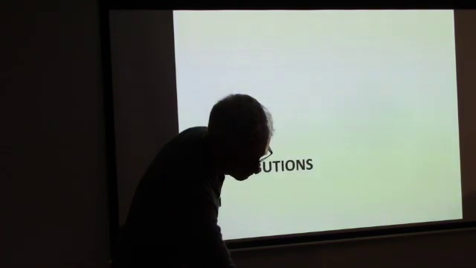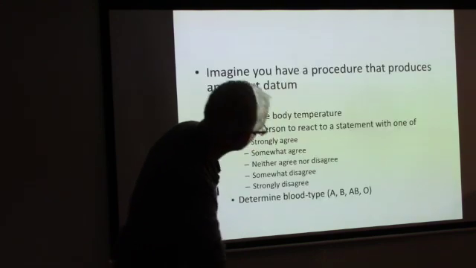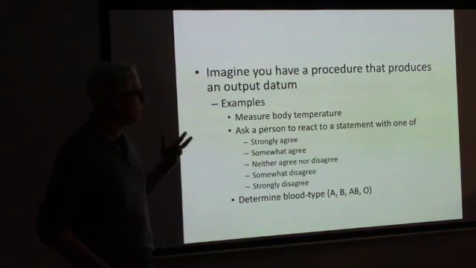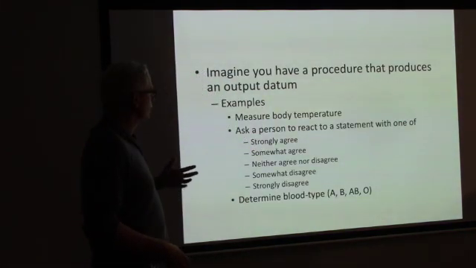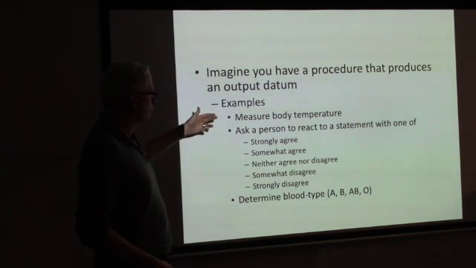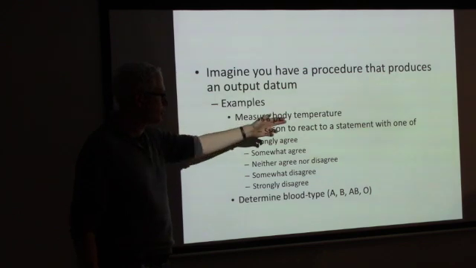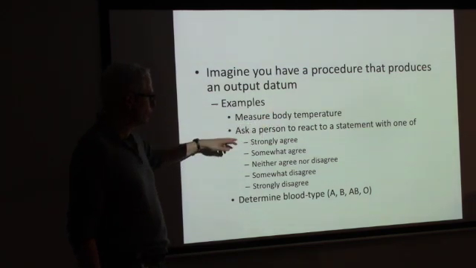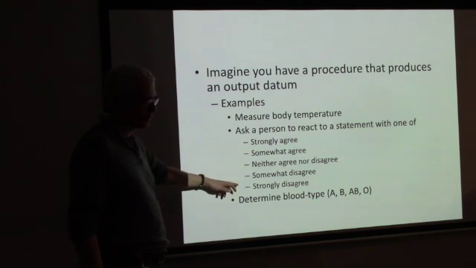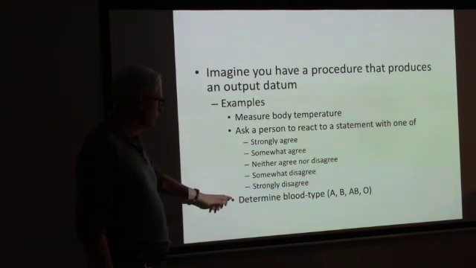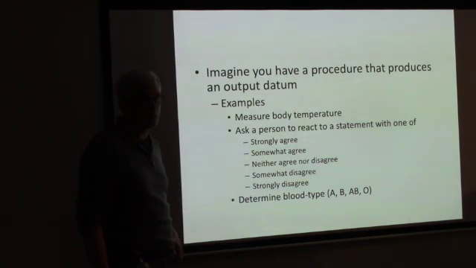Okay. So distributions. Imagine you have a procedure that produces output data. Examples: you can measure body temperature. Another example would be to ask a person to react to a statement with strongly agree, somewhat agree, neither agree nor disagree, and so on, these 5 levels. Or you could do some procedure to determine blood type.